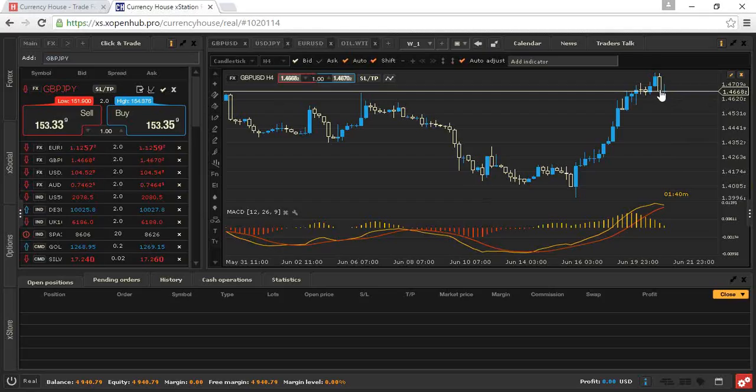We dropped from 147.20 to roughly 146.70. So it's about 50 pips over the past hour that we've seen the pound collapse.